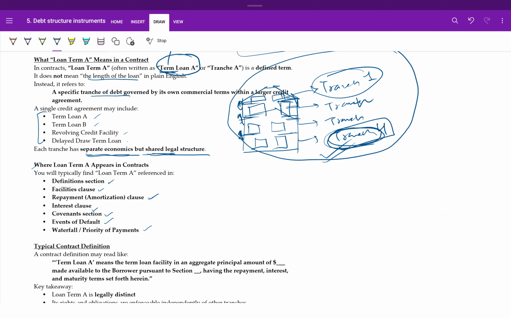So this tells you something important: loan term A is not incidental; it's embedded throughout the contract.